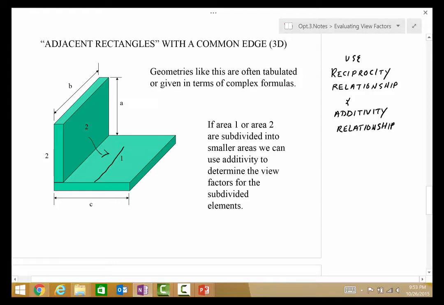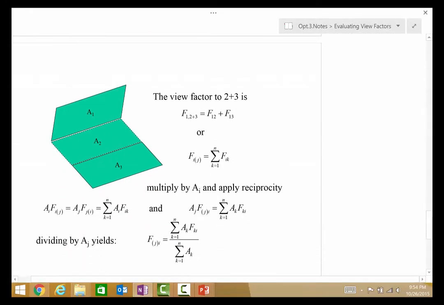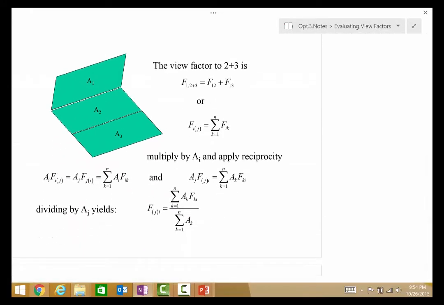But we might want, for example, to subdivide surface 1 into 1A and 1B. And we want to understand how to, for example, calculate the view factor from surface 2 to surface 1B or from surface 2 to surface 1A. What we can do is manipulate the view factor relationships, for example, by recognizing that the view factor from surface 1 to surface 2 plus 3 is the view factor from 1 to 2 and 1 to 3. That's convenient.